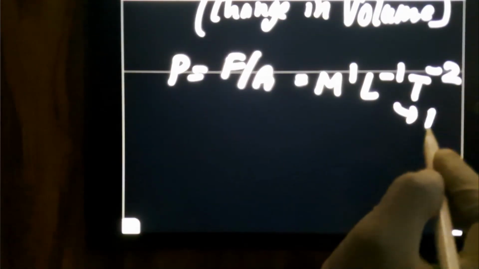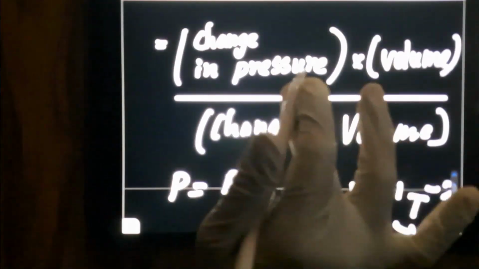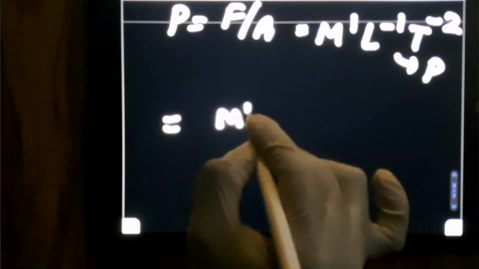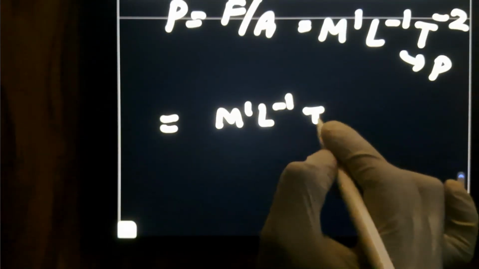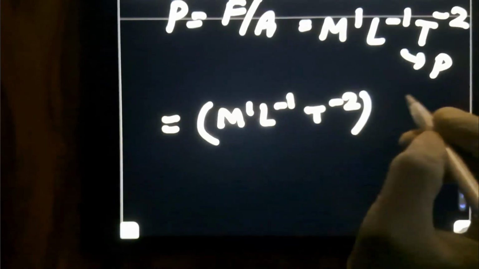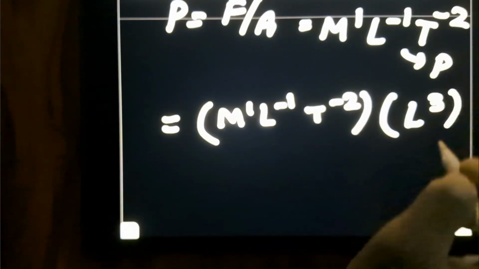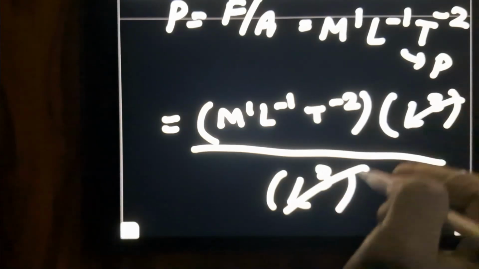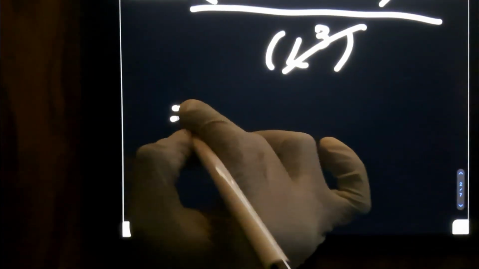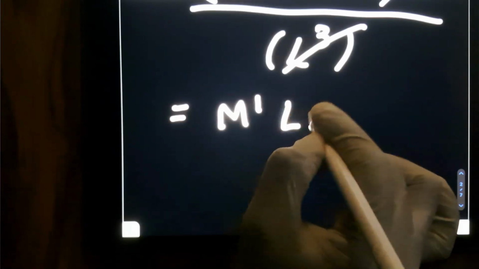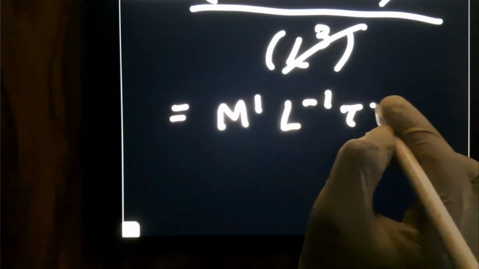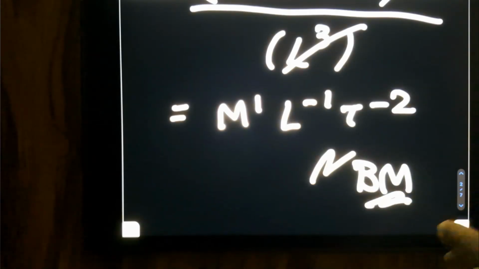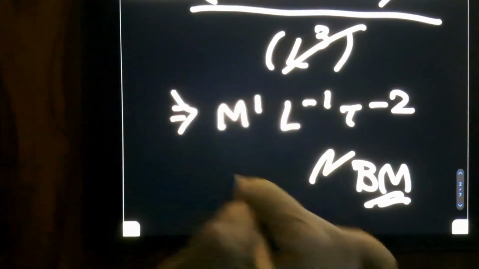So the pressure dimensional formula M^1 L^-1 T^-2 into volume, which is L cubed, by change in volume, also L cubed. On cancellation of length dimensions, we get M^1 L^-1 T^-2, same as pressure. Bulk modulus and pressure have the same dimensional formulas.